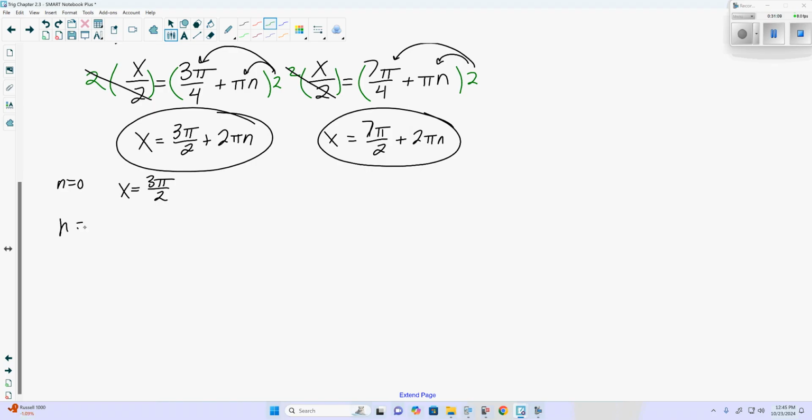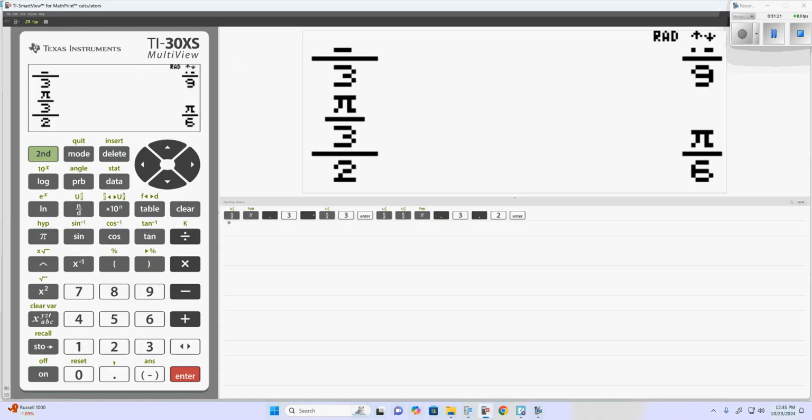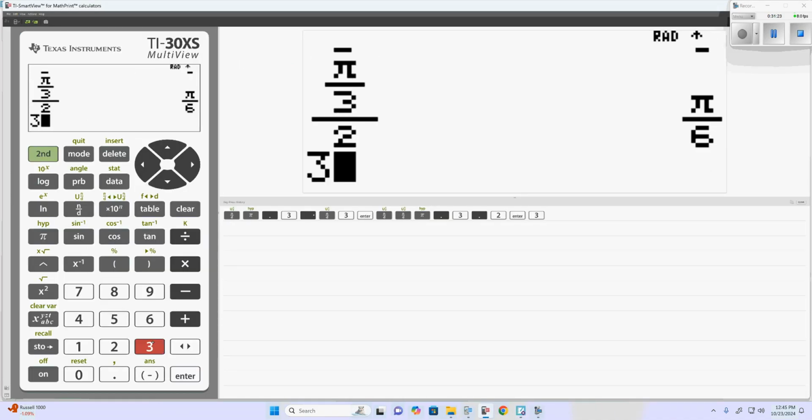And when we say n is equal to 1, so we'd have x is equal to 3 pi over 2 plus 2 pi. And if this goes outside of 2 pi, 3 pi over 2 plus 2 pi, which this first one will.